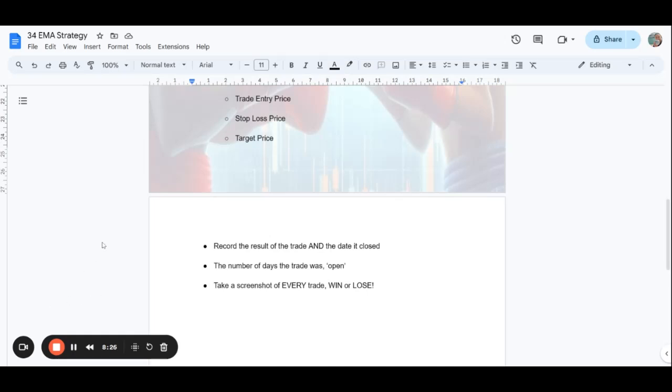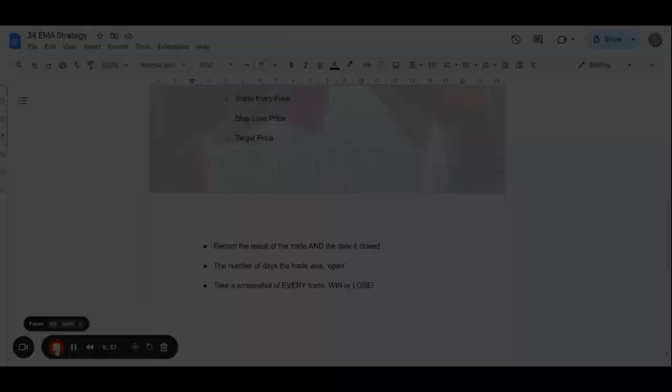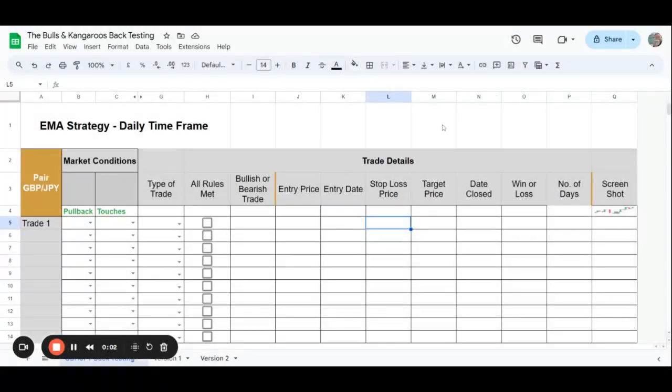So that's the second stage. We've got our rules, we've got our chart in place. Now what we need to do is go across to our spreadsheet. Okay, so now we have open our spreadsheet where we're going to record all of the data. This is a sheet that I've designed myself.